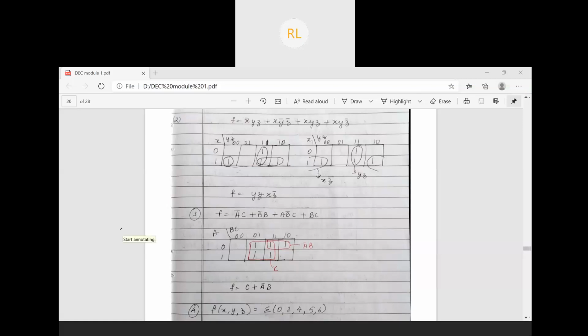Now we have one group here, which means I will have to look at 0, 1 and also at 0, 1 and 1, 1. Is it clear till this concept? Whatever I told now, is it clear till now?